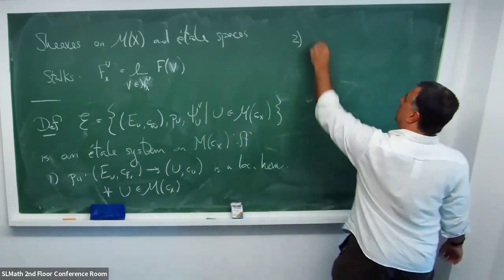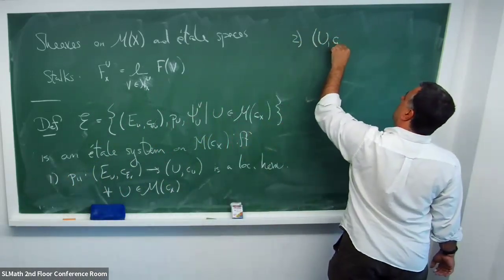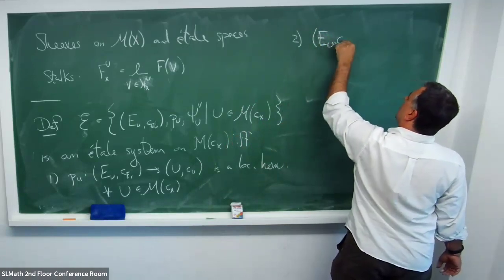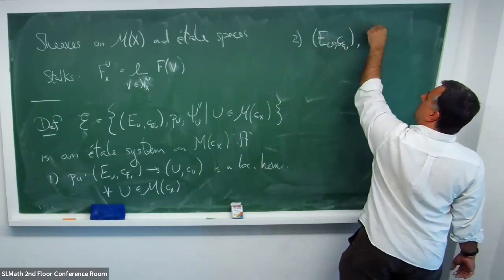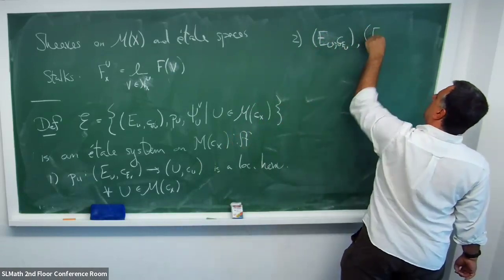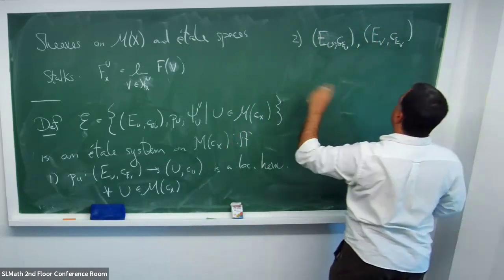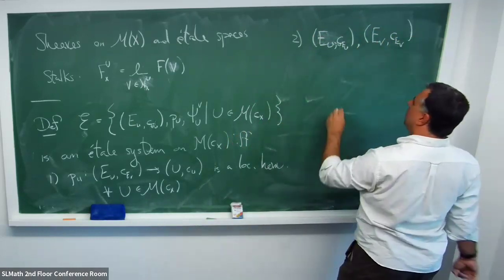So suppose we have two of these, these two will fit into the following commutative diagram.